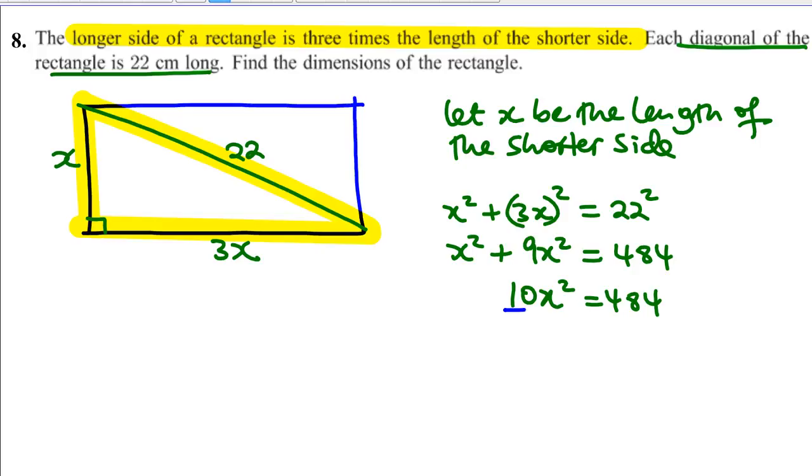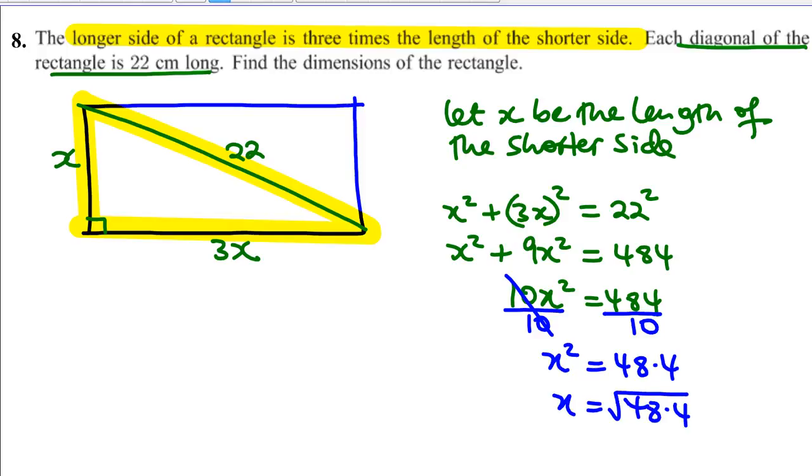Then we can divide each side by 10, because the opposite of multiplying by 10 is dividing by 10. So x squared will be 48.4. And x will be the square root of 48.4, which is 6.96 centimeters. They want us to find the dimensions of the rectangle.